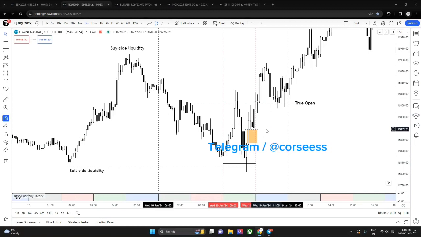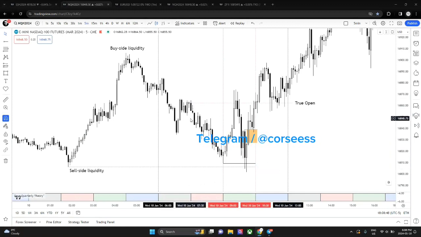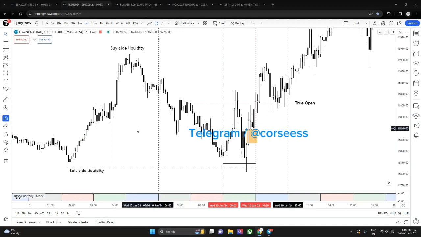So SMT divergence has to occur within specific parameters, okay? This is one of them. It must be below the true open or else it's not SMT, right? There are other more complex things that you will learn about SMT.